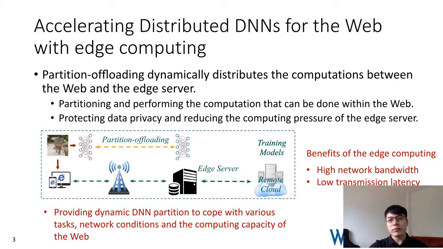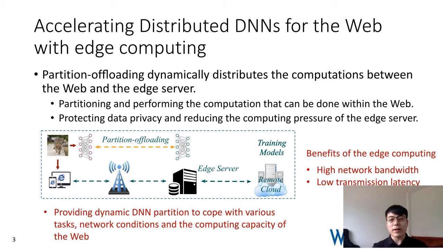Note that we can deploy the web applications on the edge server, and the remote cloud is responsible for training DNN models with GPUs. This approach partitions the DNN's computation by layers and dynamically distributes the computations between the web and the edge server, since the mobile web loads just a small portion of the DNN model and executes a part of the DNN computations.